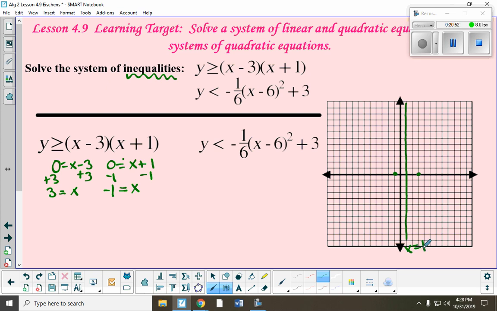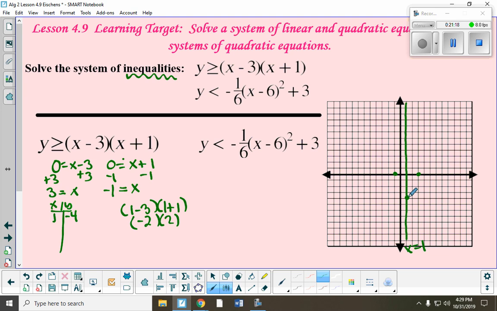So the axis of symmetry is x equals 1. So we are going to substitute 1 into this equation. So you would have 1 minus 3 and 1 plus 1. So that's -2 times 2, which is -4. There's your vertex right there.